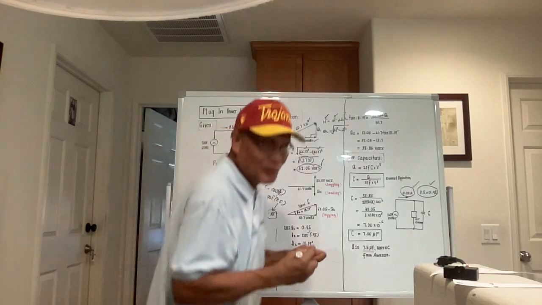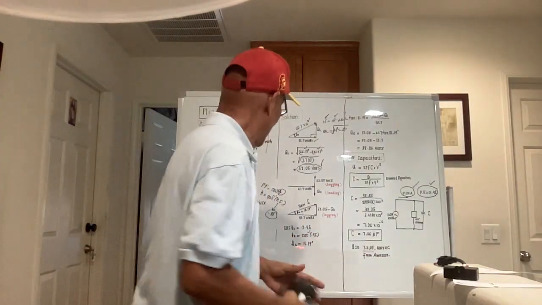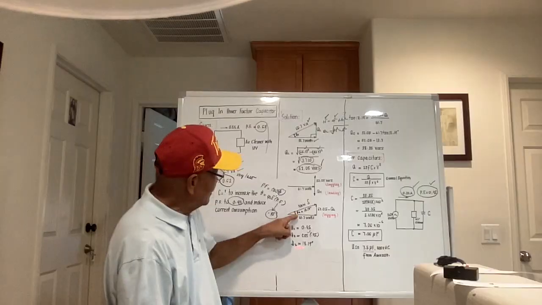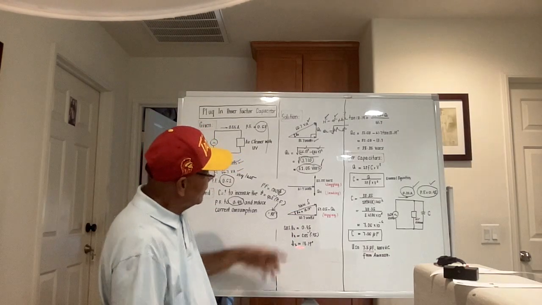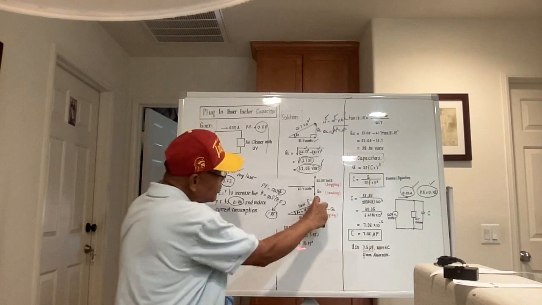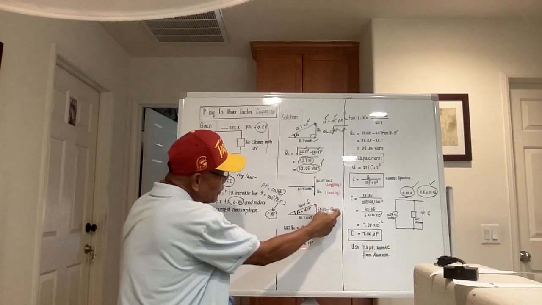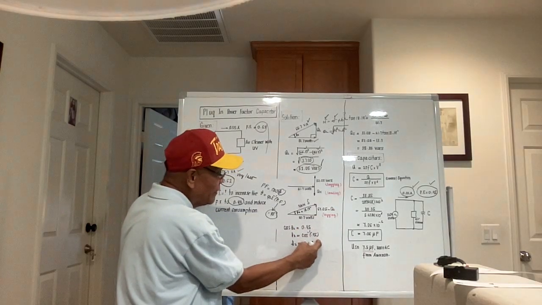And if we try to compute for the angle, cosine of this angle here is actually 0.95. So we needed the angle between this true power and this one, so we could compute for Q sub C. So theta 2 now will be the arc cosine of 0.95.